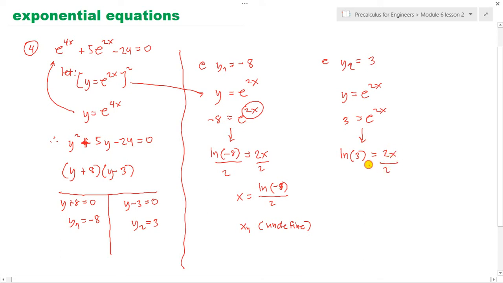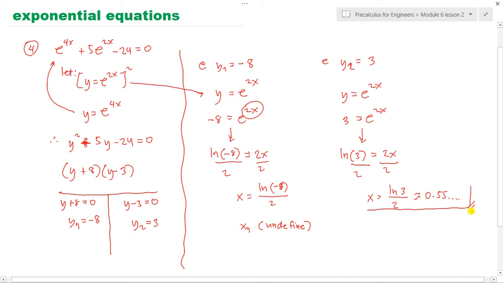Divide both sides by 2. Our x here is ln of 3 divided by 2. That is equal to approximately 0.55.